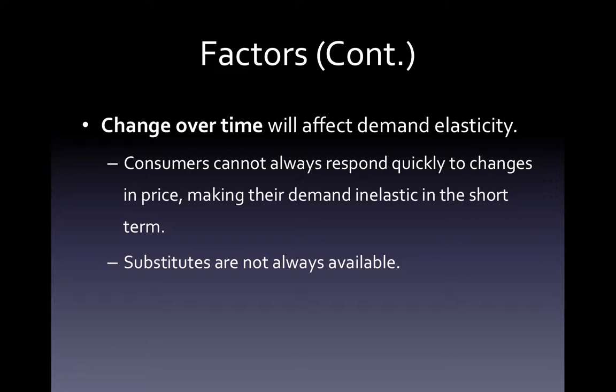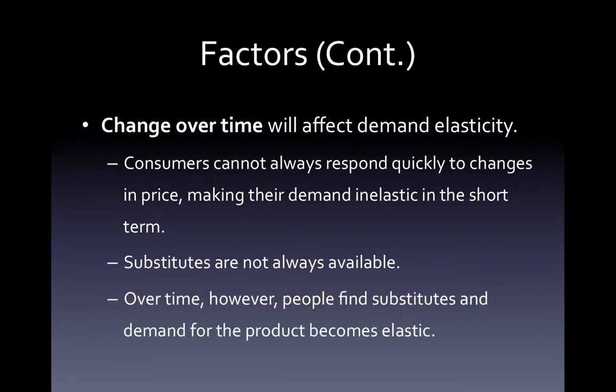Your demand for it is going to be inelastic. However, when a substitute emerges, you will probably go and buy that substitute. So initially it'll be inelastic, and then as the substitute becomes available, your demand will be more elastic because you have an alternative. Over time, most people find substitutes and demand for the product becomes elastic.